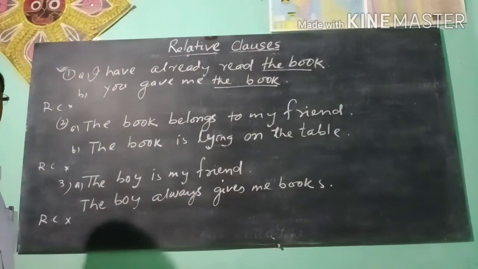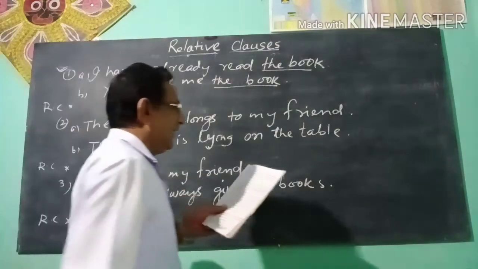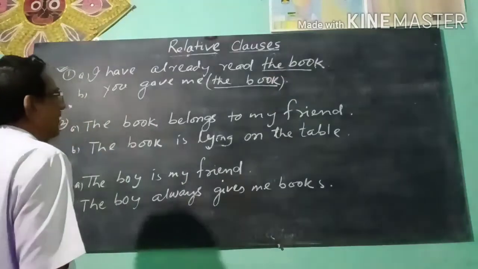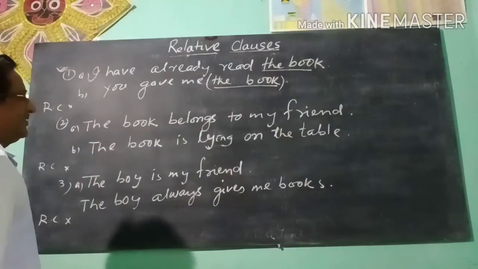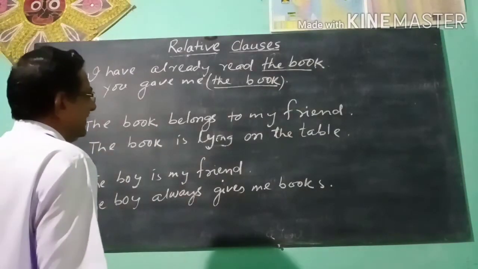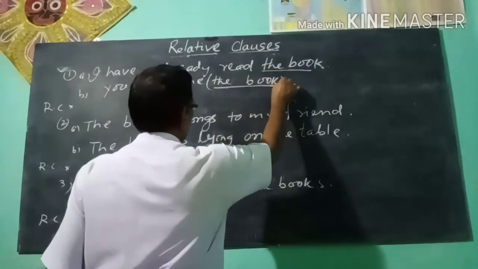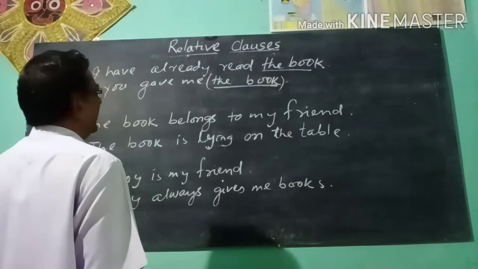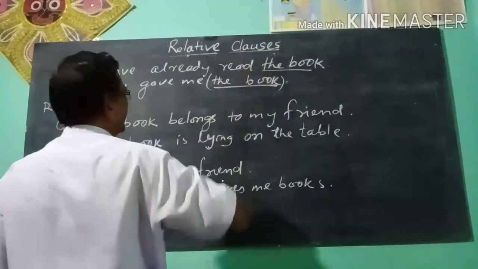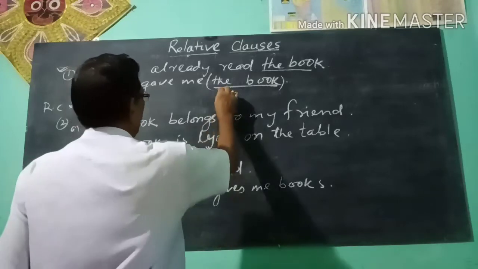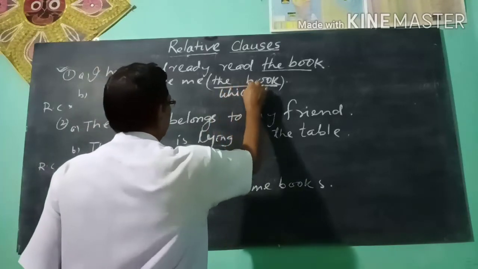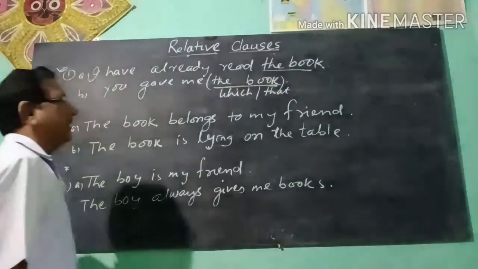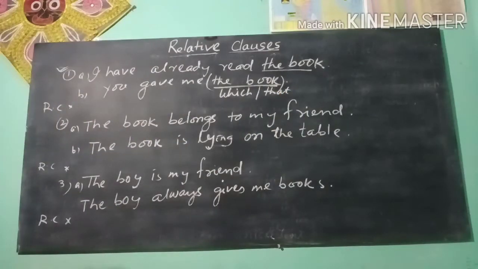The book is the identical noun phrase, and in the second sentence, the identical noun phrase, the book, is replaced by a suitable relative pronoun. The book is a thing, so here the relative pronoun is which or that.